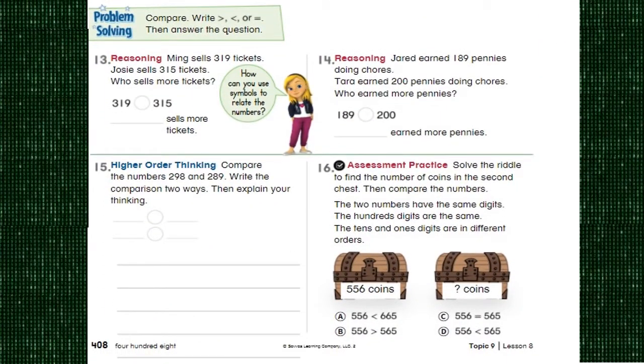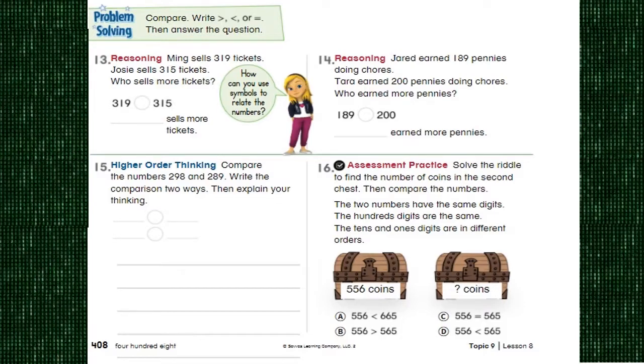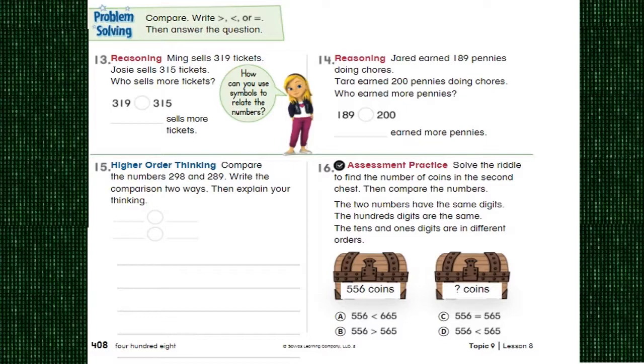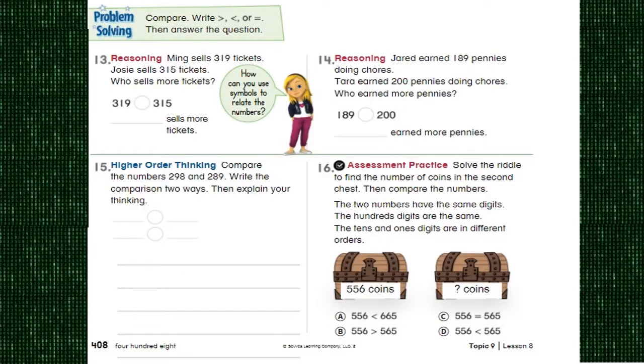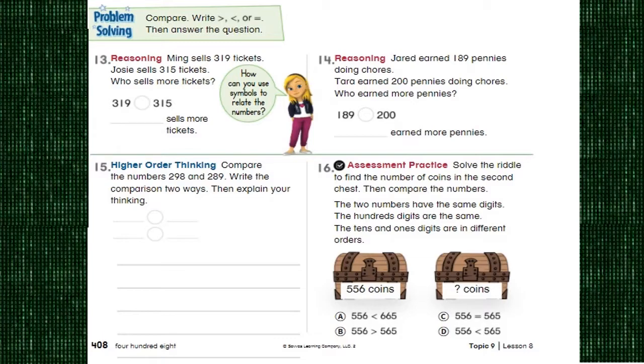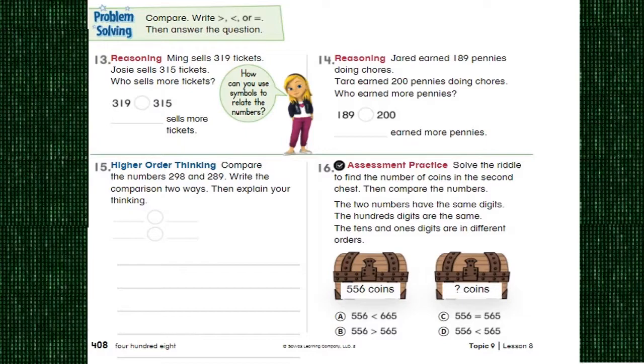And then page 408, the last questions are always the ones that require some reading. Just do your best. Okay, but again, we're comparing numbers and we're using the words and we're using the symbols. There are 3, greater than, less than, equal to.